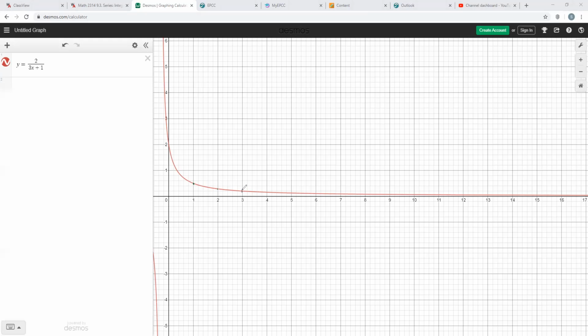So right here, this is your 2 over 3 times 3 plus 1, which is the 2 over 10. And this one is when n equals 2, the 2 over 3 times 2 plus 1, and so on forever.